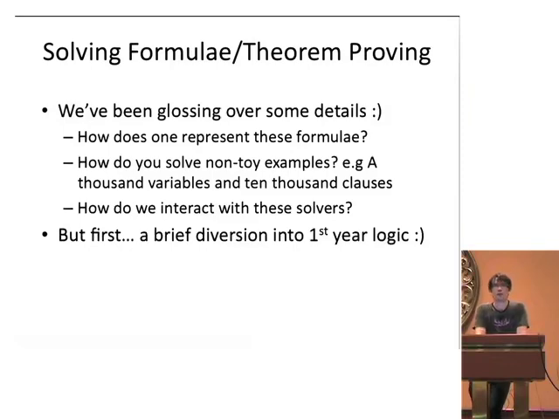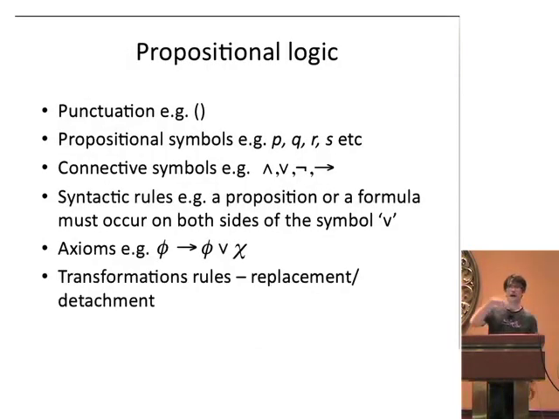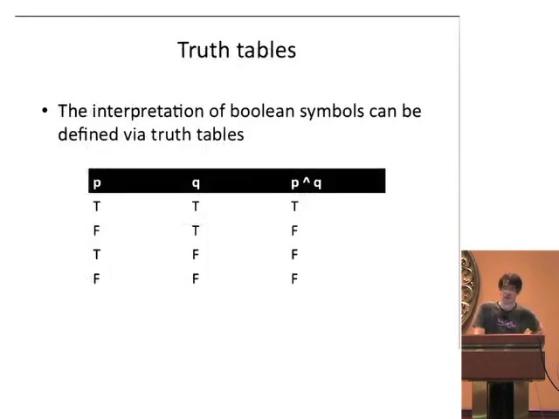Our formula at the moment might look familiar to some of you that have taken basic logic courses. In propositional logic, typically you have punctuation, you have ands, ors, implications, basic axioms, and then transformation rules. You can interpret these formulae using truth tables, which describe what combination of Boolean variables results in what output value.